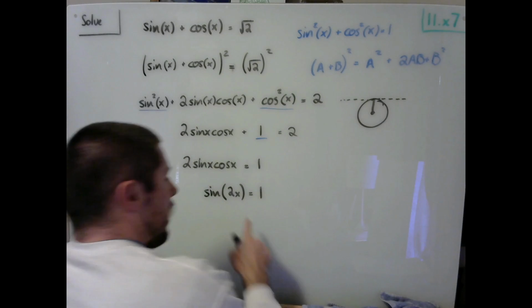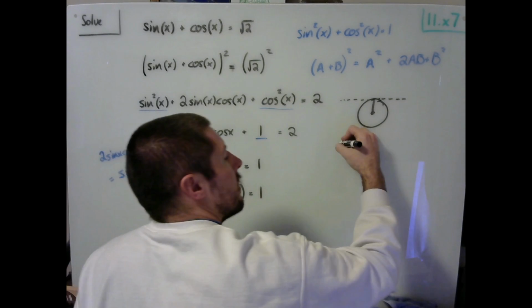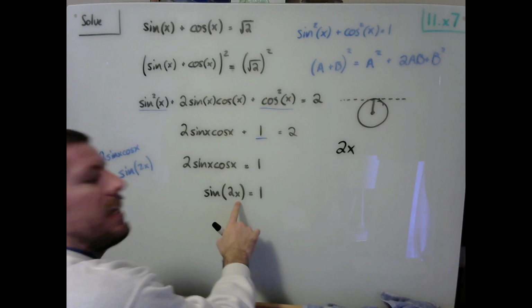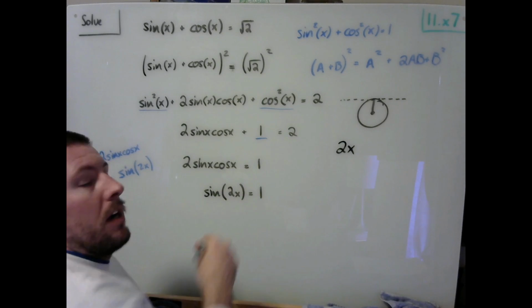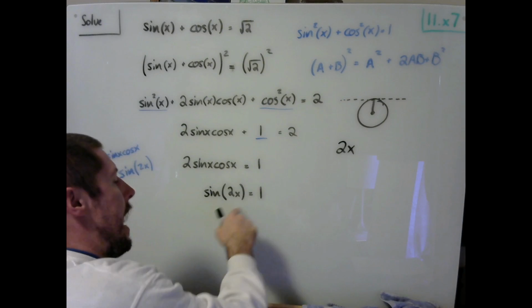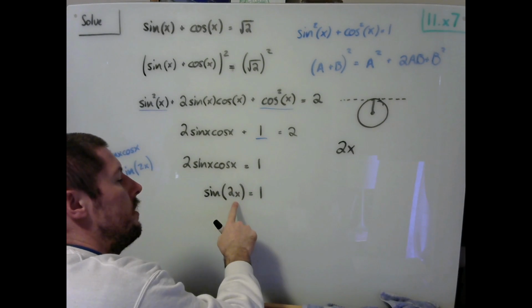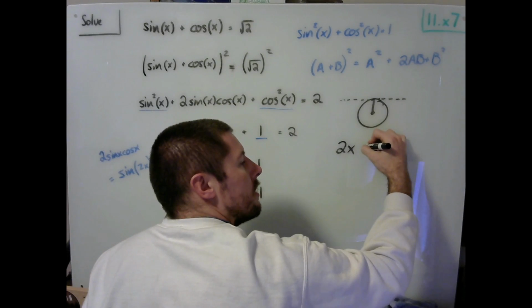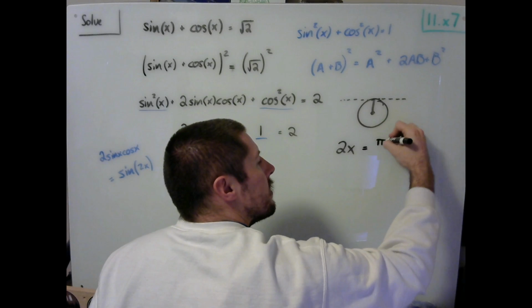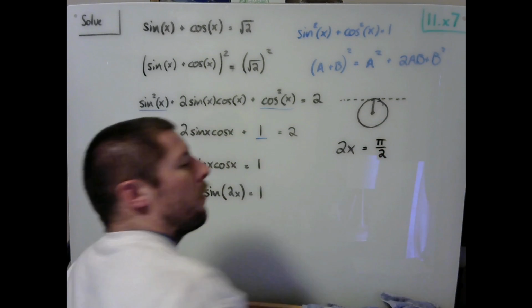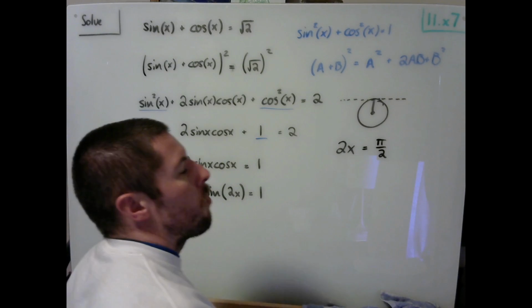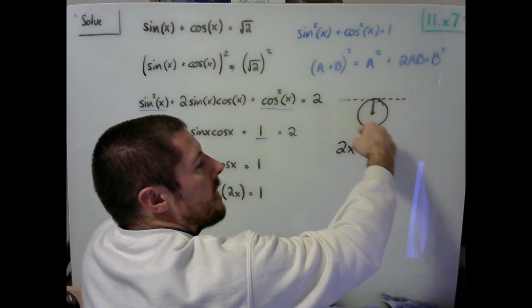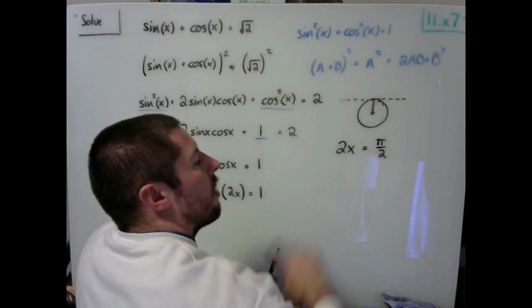Our angle here is not just x, the angle is 2x. Our goal is to solve for x, but the angle that we are applying the sine function to is 2x. So our angle is equal to pi halves. And I know I'm going to get more than just that: we can take an additional lap around.